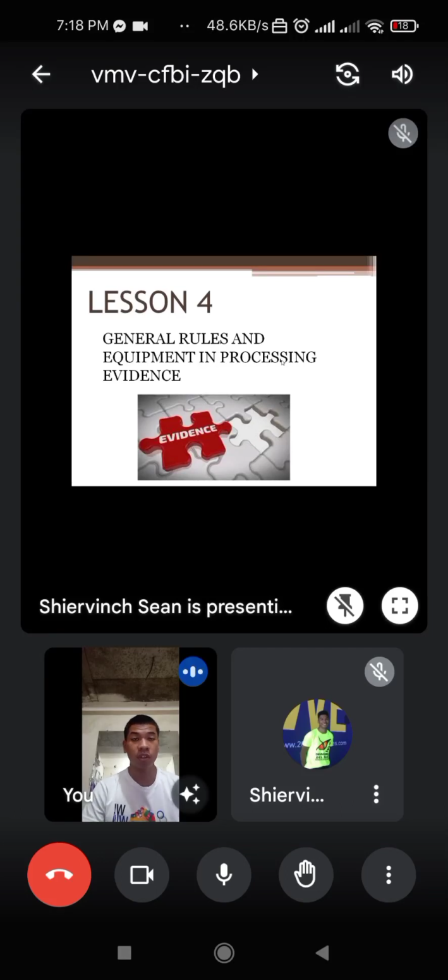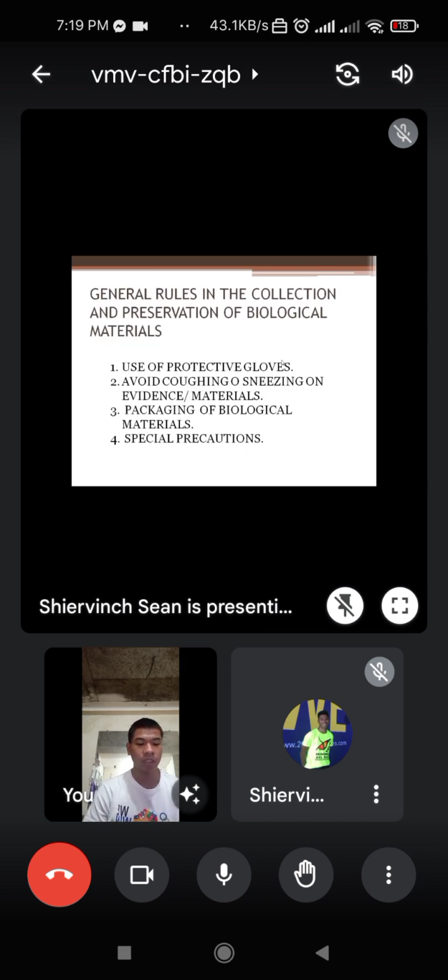Let's move on to the next lesson, Lesson 4, entitled General Rules and Equipment in Processing Evidence. In every piece of evidence in a crime, there are general rules and equipment for processing. Number 1, you must use protective gloves, because if possible you should avoid touching individual smears or traces.